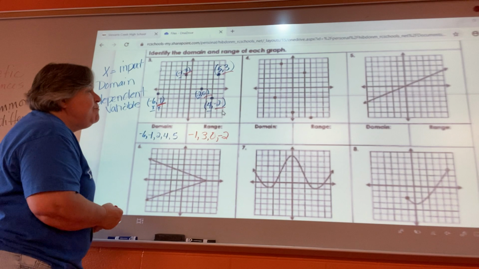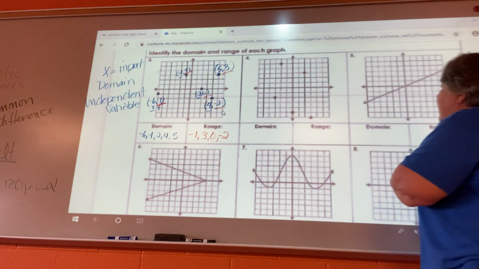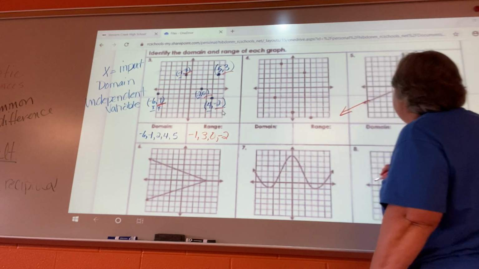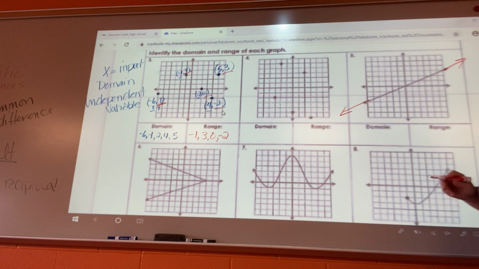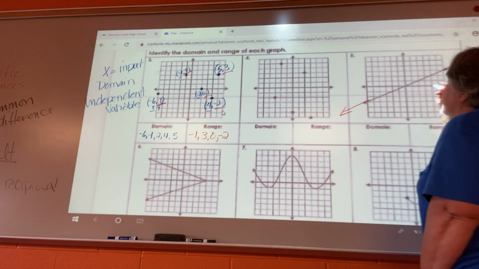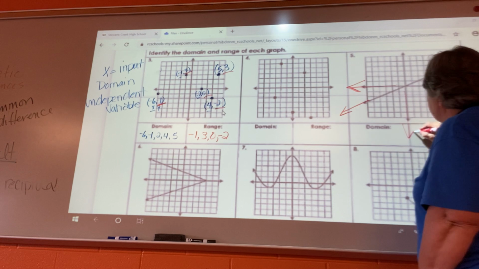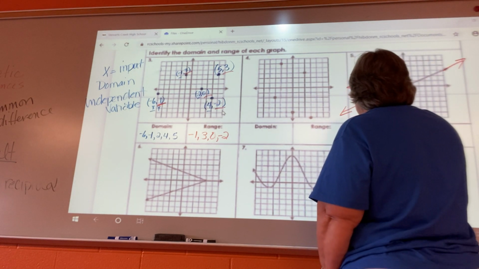Down here, for this one, the domain and the range, this line goes all the way this way forever and all the way this way forever, because it has an arrow on the end. So this goes in the X and the Y. Down this way, it goes to negative infinity.